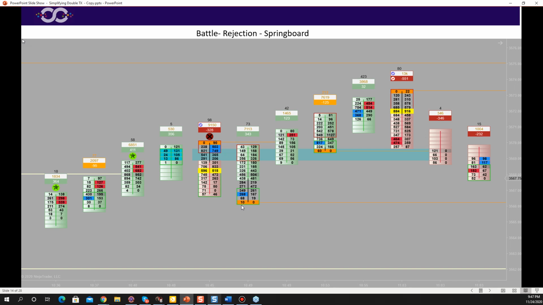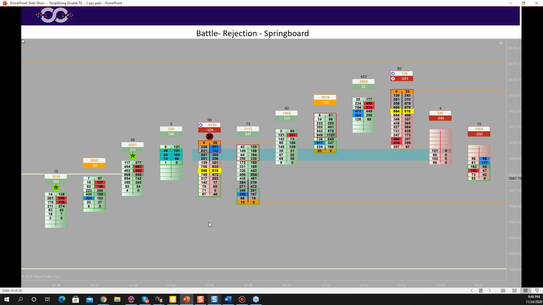Do you see that? So we're combining several things here, not just a standard standalone filtered TX. We're combining it with the strength of the cluster battle and either a paw print or a mini magnet early in the trend.